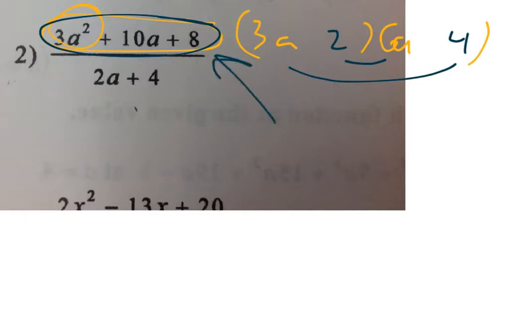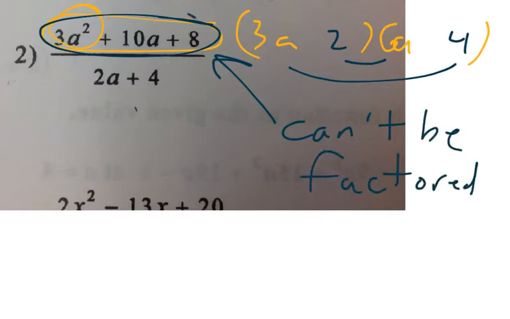So in essence, since that can't be factored, this whole expression is already simplified, or can't be simplified. So number 2, you can't do anything. Okay, pause the video if you need to.